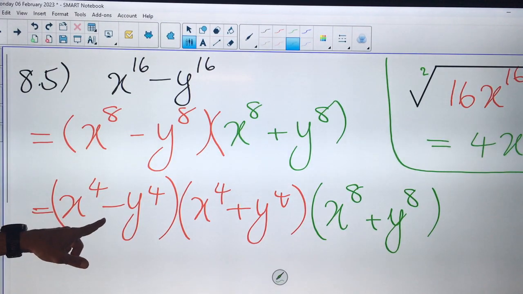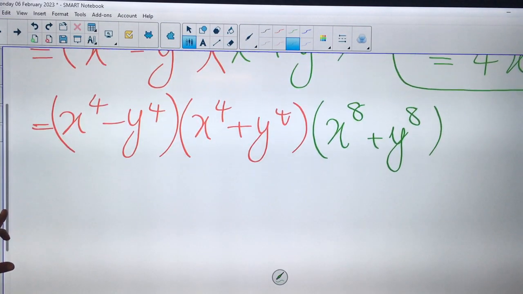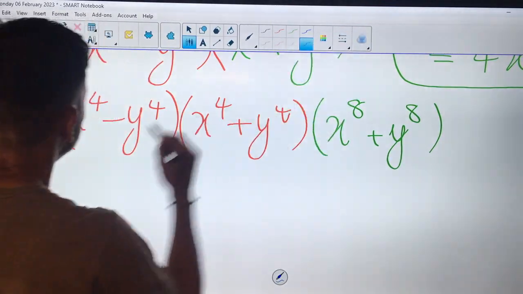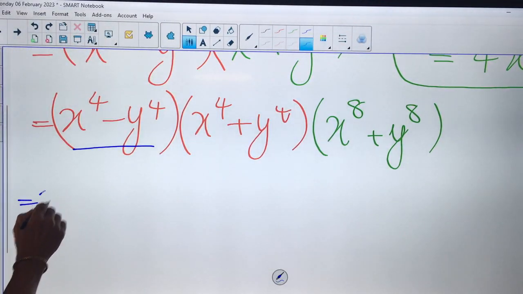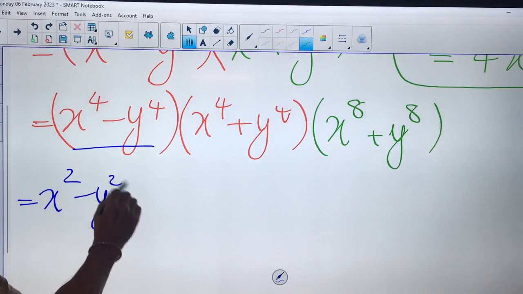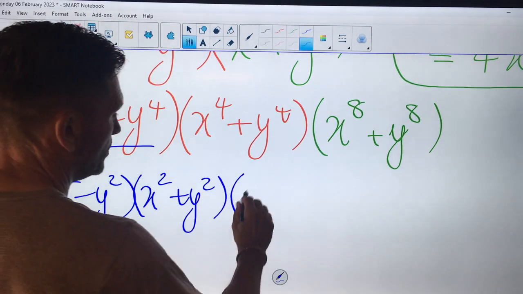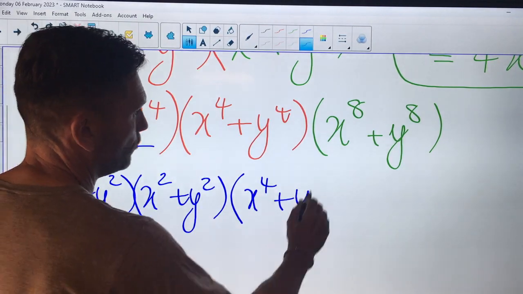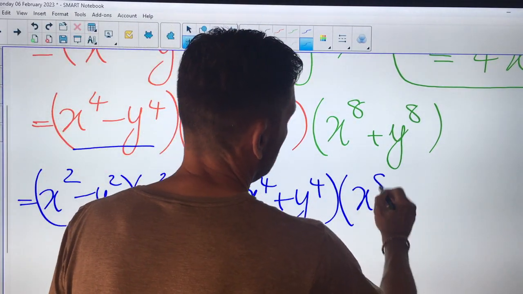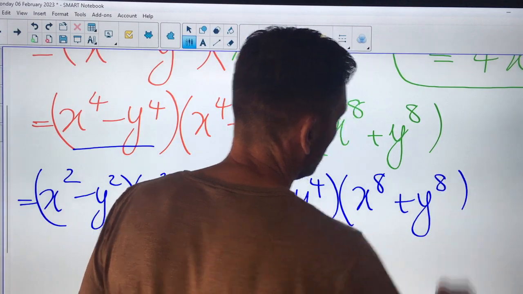But this first one can go again. It's still a difference of 2 squares. So this one will become x squared minus y squared, x squared plus y squared, x to the power of 4 plus y to the power of 4, x to the power of 8 plus y to the power of 8.